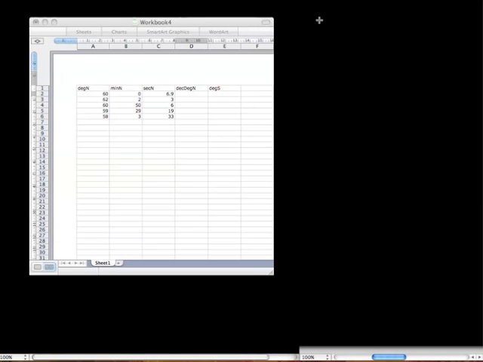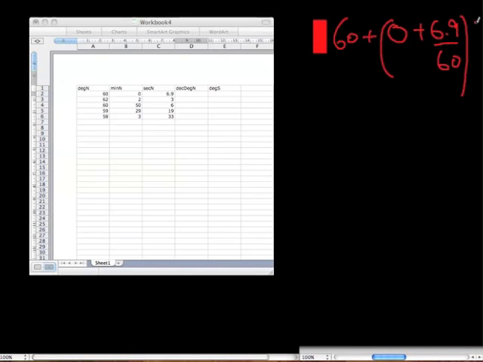So our original sum, which was 60 plus 0 plus 6.9 over 60, times 1 over 60, now looks like this.